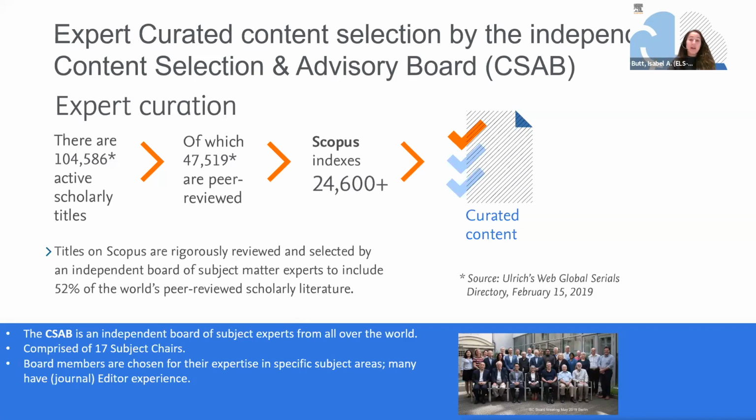About half of them get in, and this makes up the data and research that is in Scopus. All of this curated data creates a really solid base to build accurate and complete profiles. So we've got great content in there, and that is why we can build such wonderful profiles that I'm going to talk to you about today.